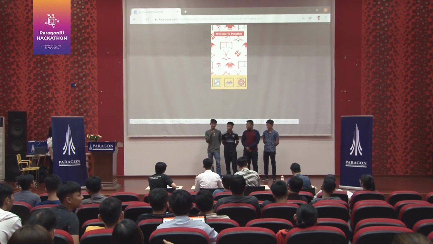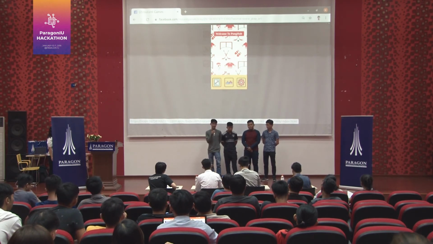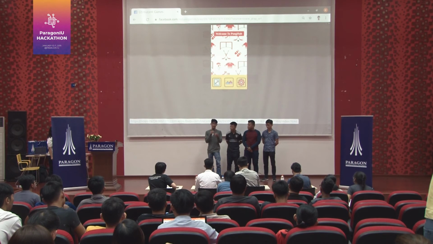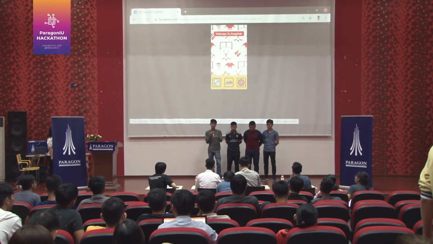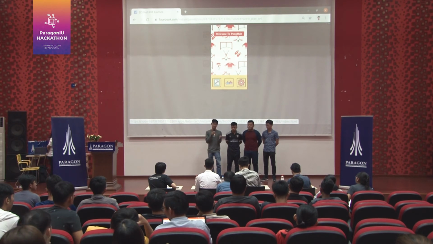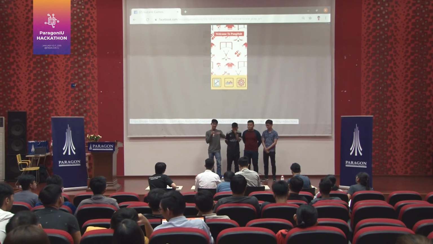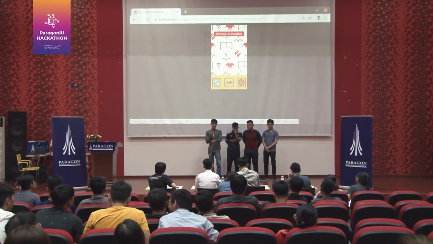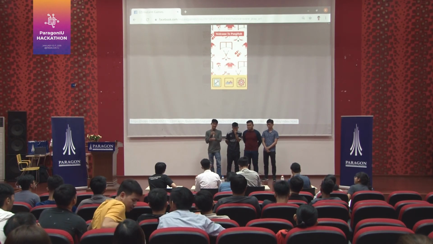Hello. Okay, for the code, we use a modification of other people's code. And for how the AI works, basically the computer tracks the ball. So when the ball moves to somewhere, it tries to arrange its direction to that place. And when the ball is behind the computer paddle, it will move beside that.